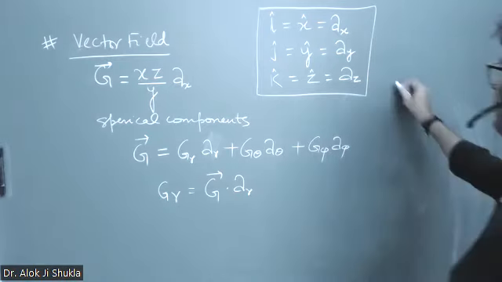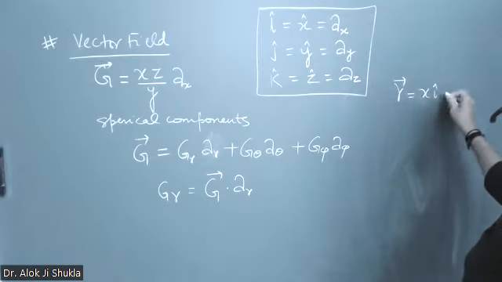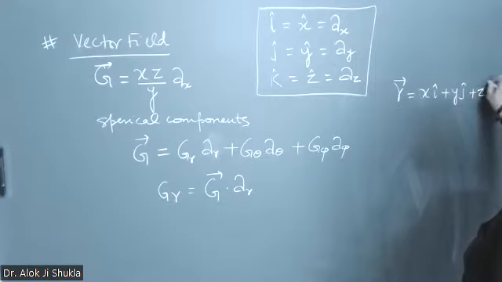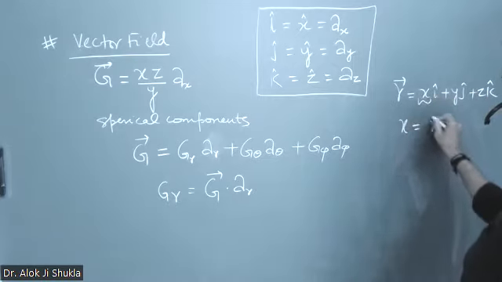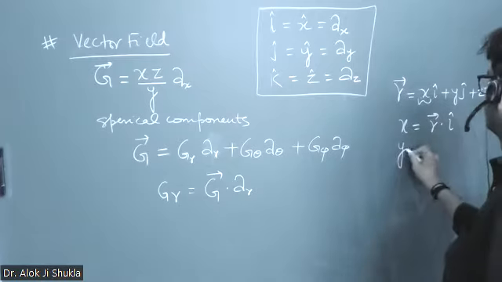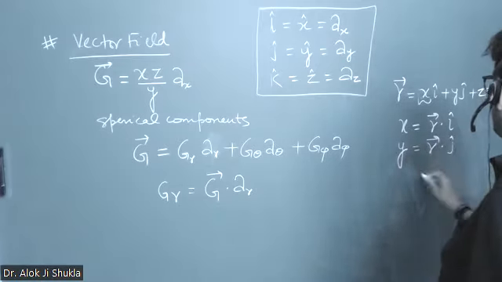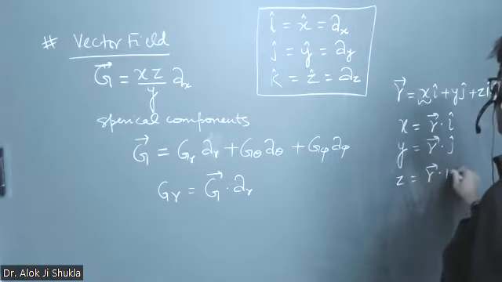Understand it like this: R is equal to x i cap, y j cap plus z k cap. If you want this component x, it is R dot I cap. What is y? It is R dot J cap. What is z? It is R dot k cap.